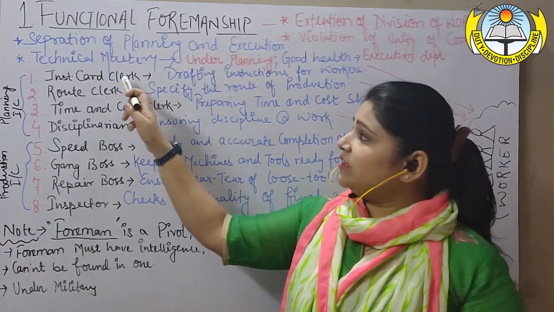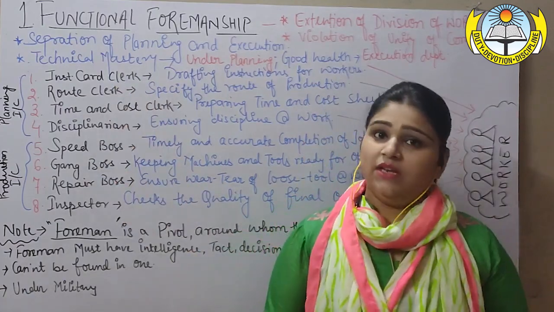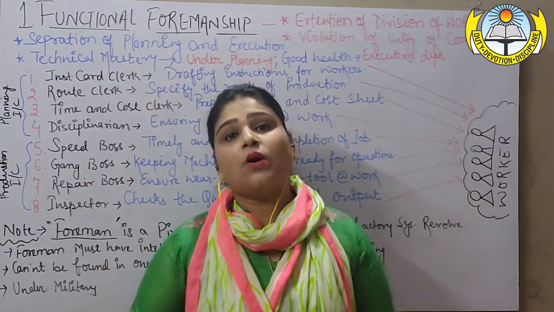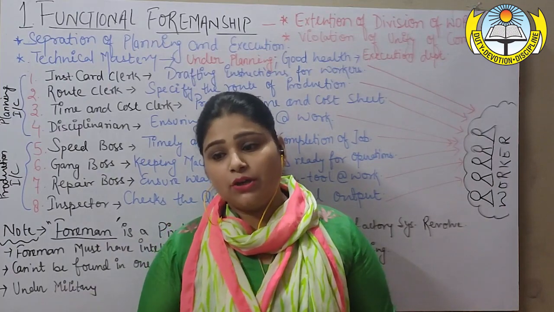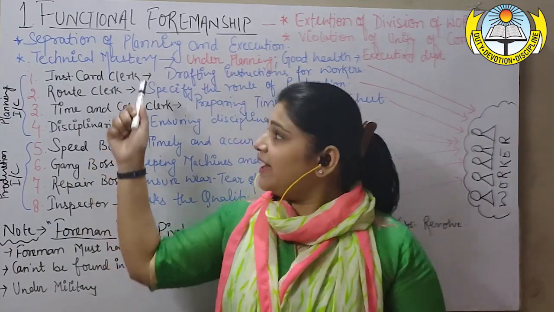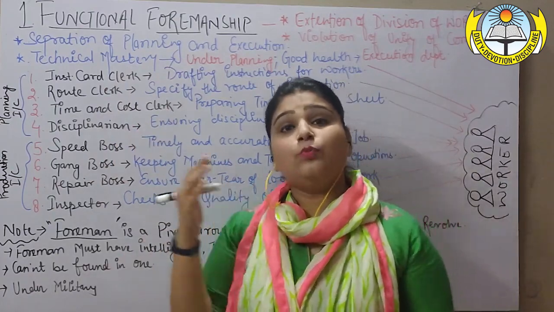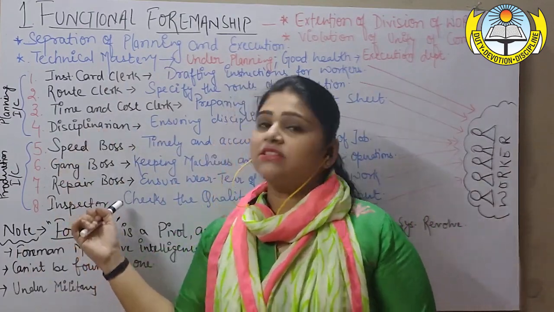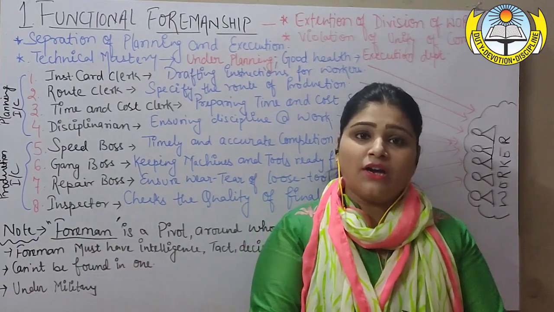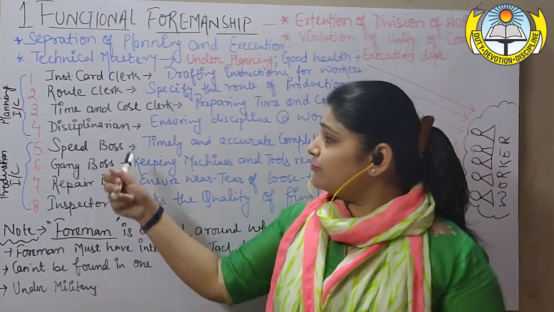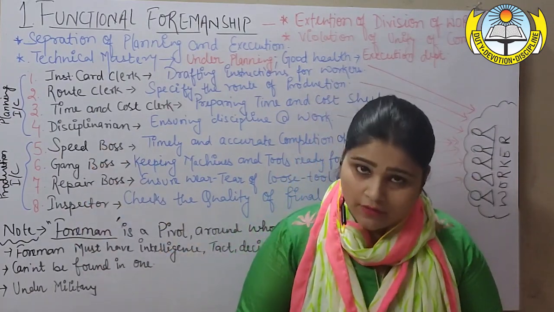Now remember why the words clerk and boss have been given. Clerks are those people who are into number work, paperwork. So they have been kept as clerks because they are into paperwork, into planning. Whereas the bosses are the ones who have full command over the real work environment. Therefore, the name bosses has been assigned to them.